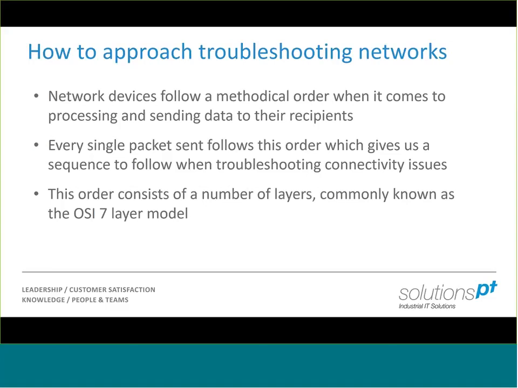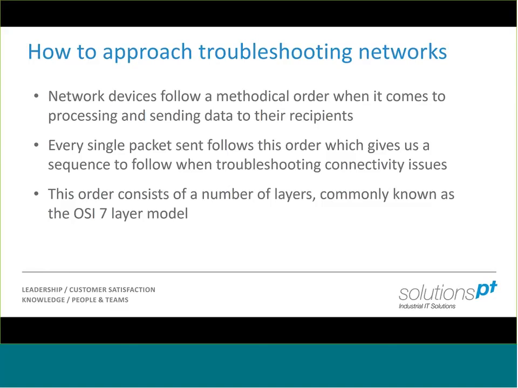A good way to approach troubleshooting networks is to always remember that whenever a network device wants to communicate with another network device, there's always a methodical order that it will take when it comes to processing and sending data. Every single packet from one device to another, whether the device is a PLC, a HMI, a switch, a workstation, any device that lives on our network, will always follow this methodical order.